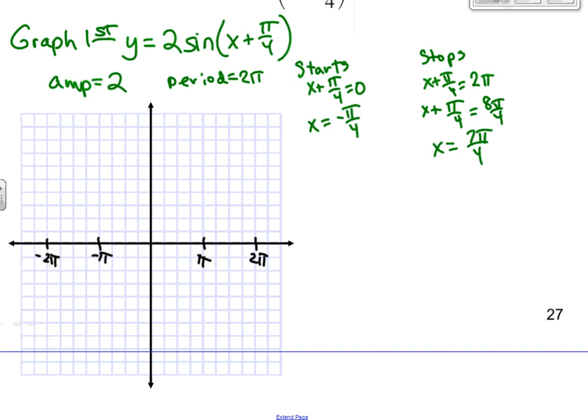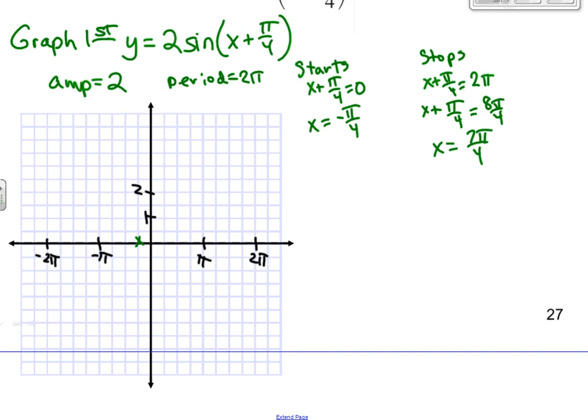I know my period starts now at negative pi over 4, so it's shifted to the left pi over 4. And so at the shifted value, I'm going to be 0. And then if I just count 2 boxes ahead, I'll be at my maximum.